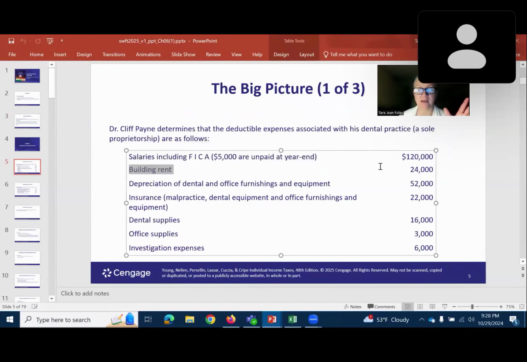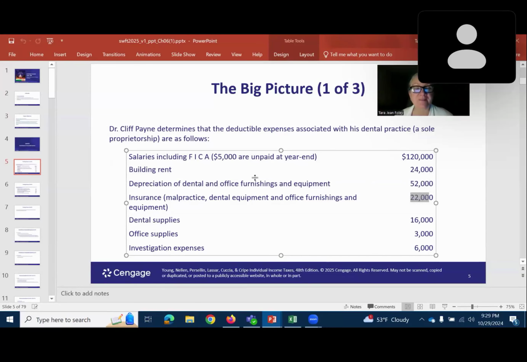Building rent. Dr. Payne has a building and he's renting it, paying $24,000 of rent a year. He depreciates his dental and office furnishings at $52,000 a year. He pays insurance, malpractice insurance, dental equipment insurance, et cetera, $22,000 a year. Dental supplies, $16,000 for the year. Office supplies, $3,000. Investigation expenses, $6,000.